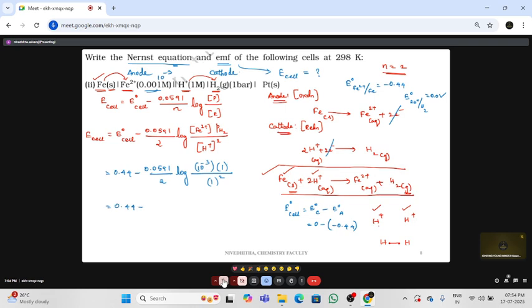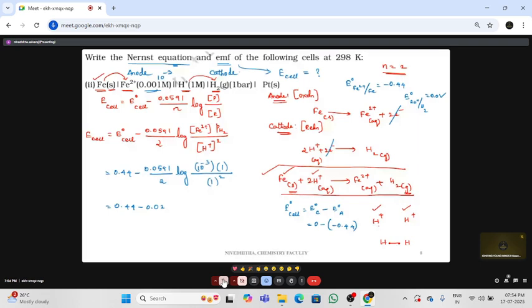0.44 minus this can be written as 0.0295.